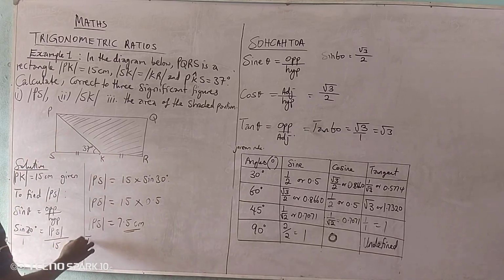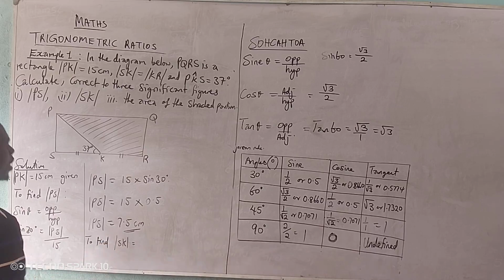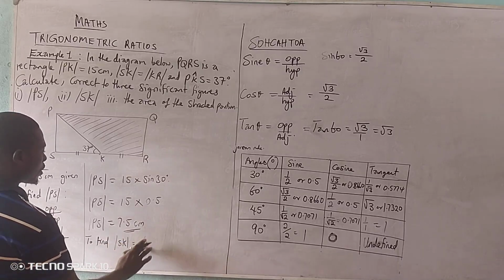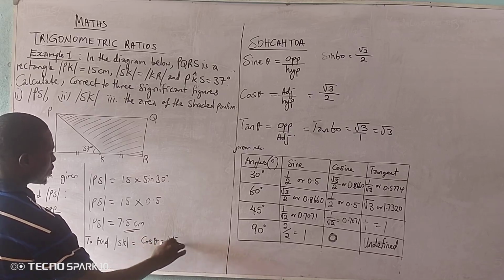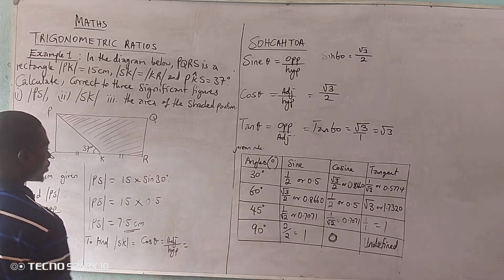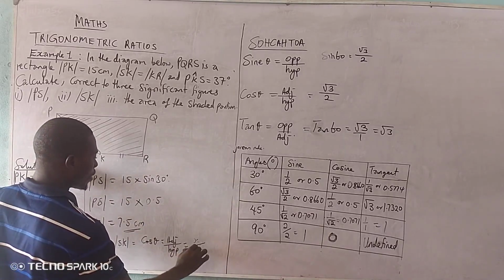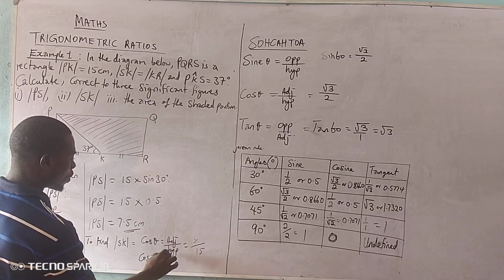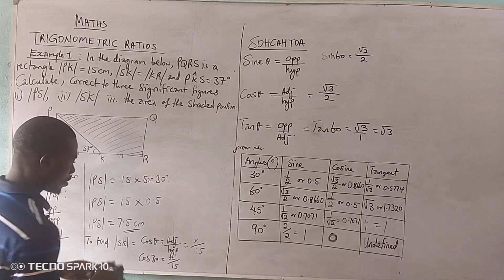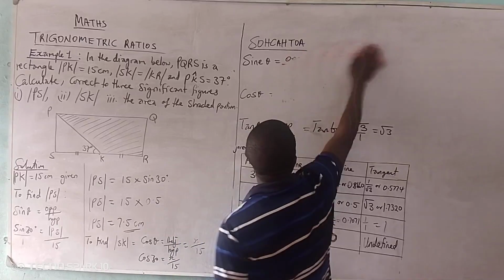So to find line SK, we have cos theta equal to adjacent over hypotenuse. Let's call this unknown x over 15. So cos 30 is equal to x over 15. Find our cos 30.